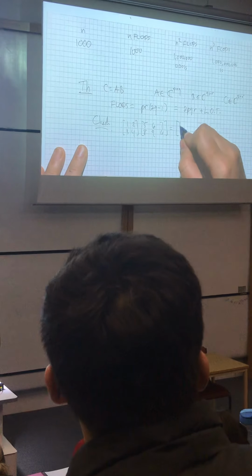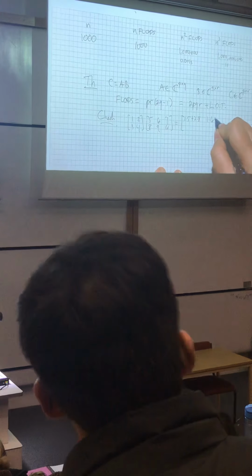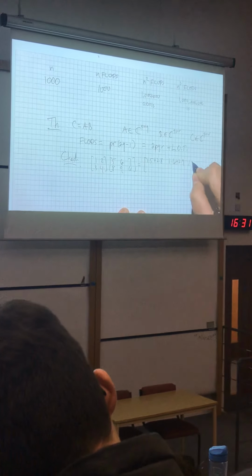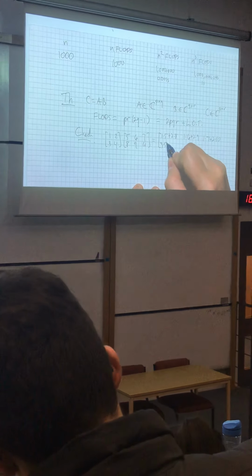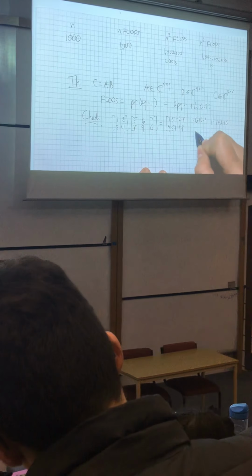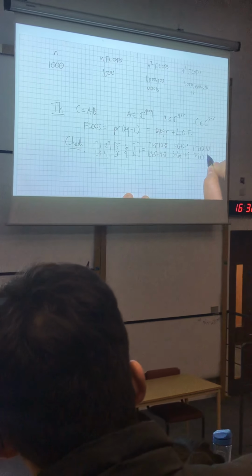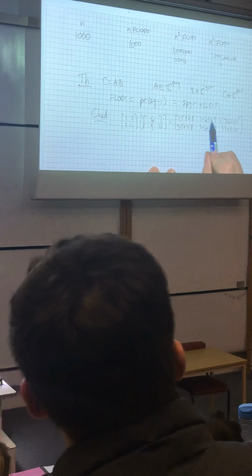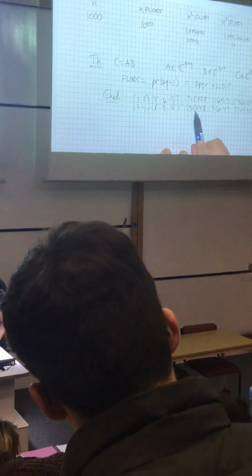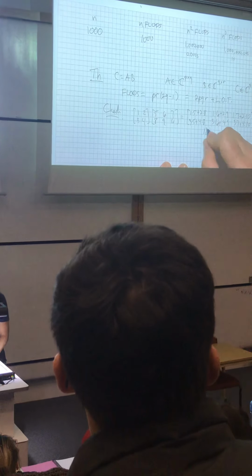So that's 1 times 5 plus 2 times 8, 1 times 6 plus 2 times 9, 1 times 7 plus 2 times 10, 3 times 5 plus 4 times 8, 3 times 6 plus 4 times 9, 3 times 7 plus 4 times 10. Now let's count. 1, 2, 3, 4, 5, 6, 7, 8, 9, 10, 11, 12, 13, 14, 15, 16, 17, 18. 18 flops.